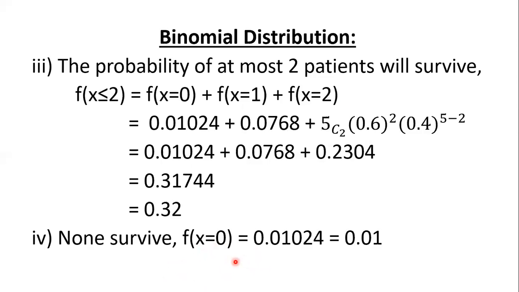Now, putting the value of x = 0, n = 5, p = 0.6, and q = 0.4. Finally, we get P(X = 0) = 0.0124, that is 0.01.